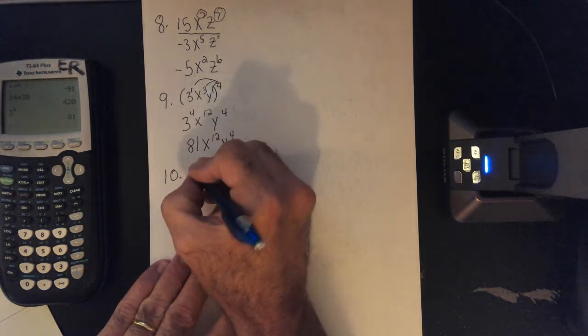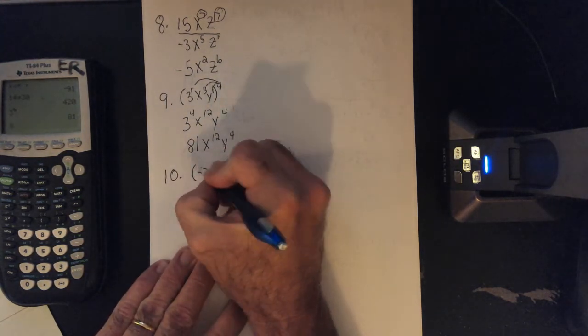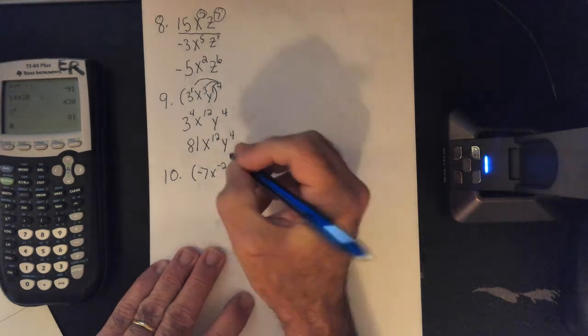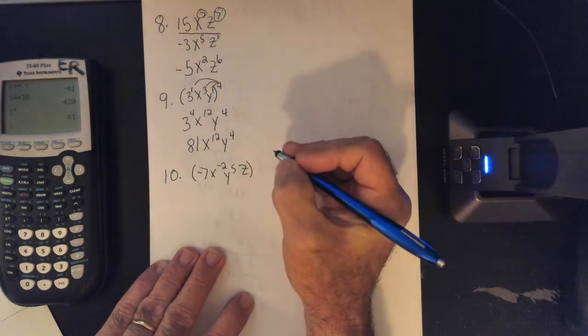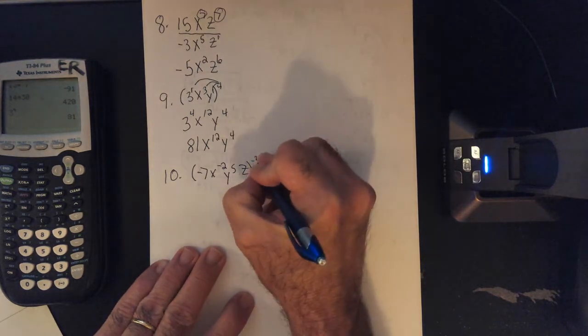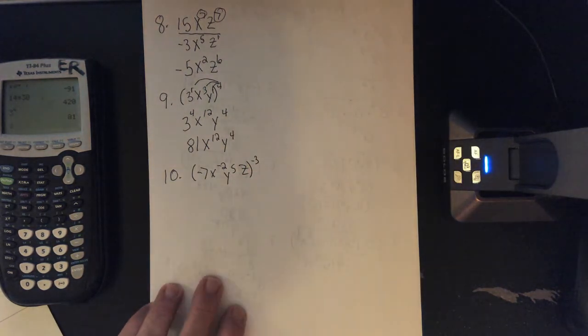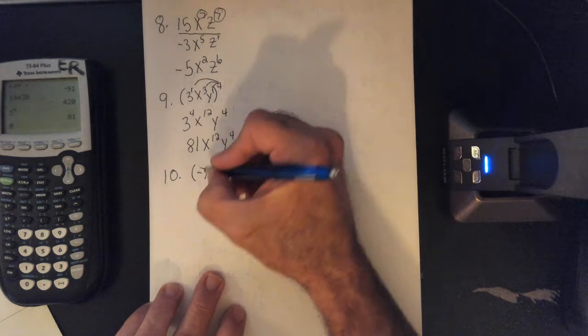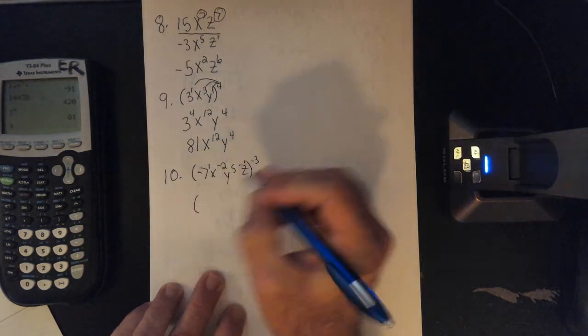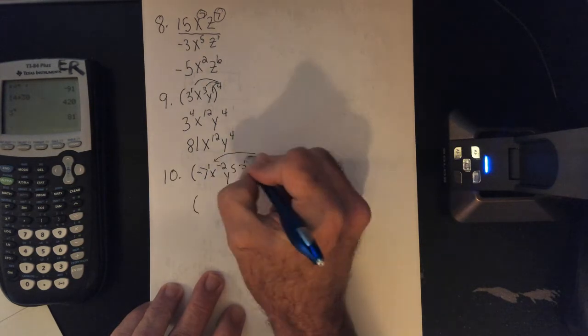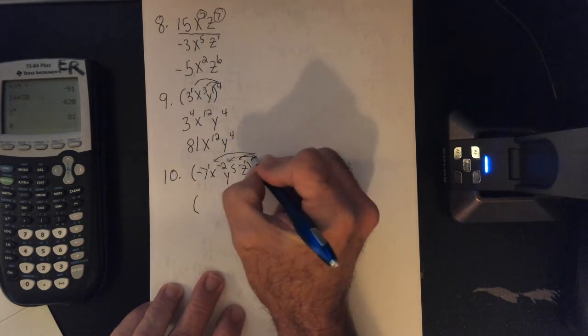Alright, 10, here we go: negative 7, x to the negative 2nd, y to the 5th, z, all to the negative 3rd power. The 7 didn't have an exponent, and neither did the z. So let's bring this down. We're going to distribute negative 3 times every exponent.